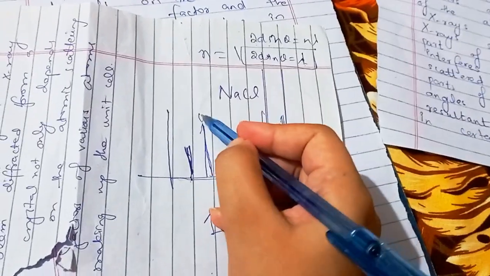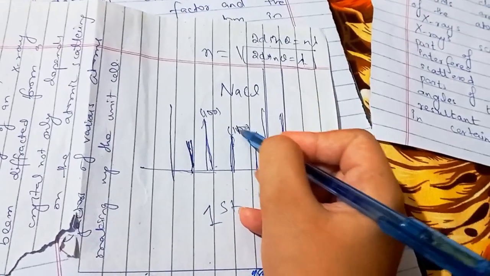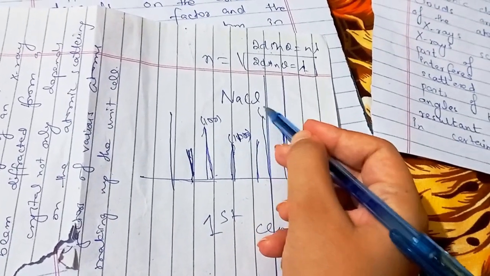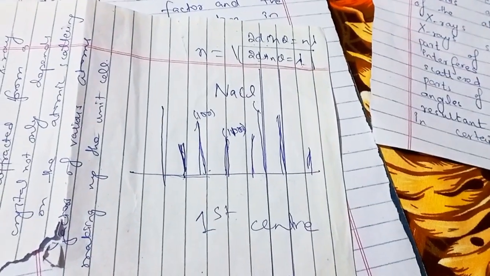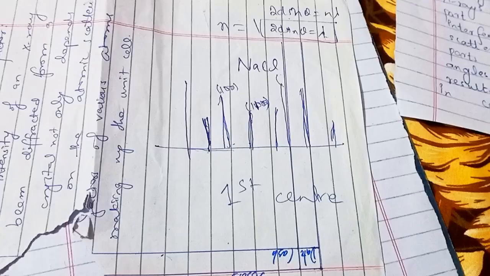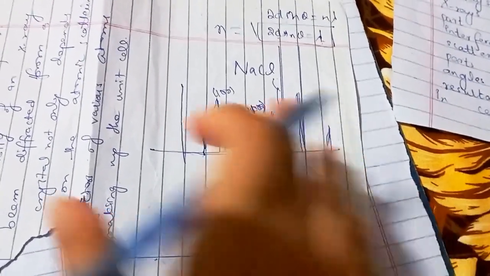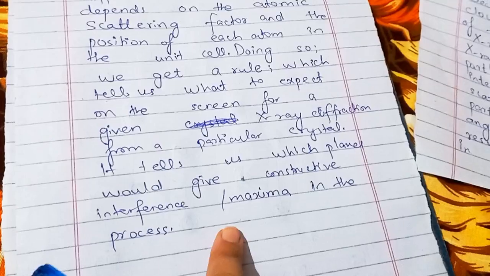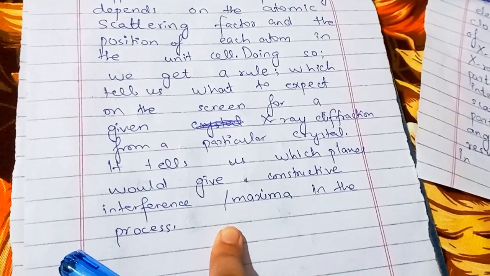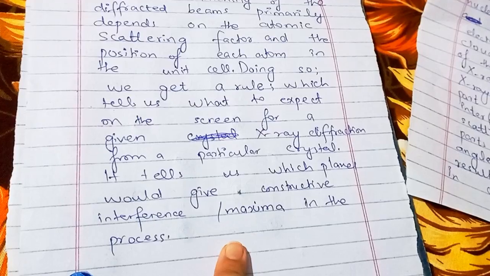And how to know which planes NaCl will have on the screen, like which planes will give maxima for the NaCl crystal? This is something that we want to know, and we can have this information if we calculate the geometrical structure factor using these things that I have written here.